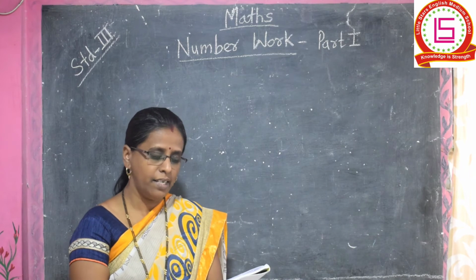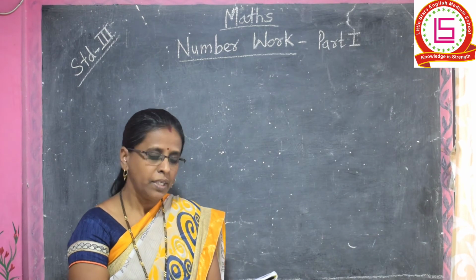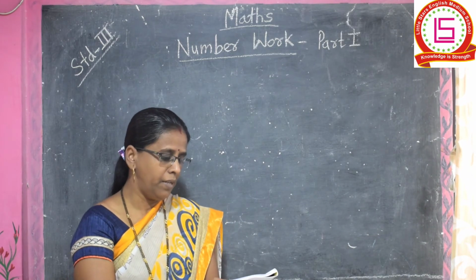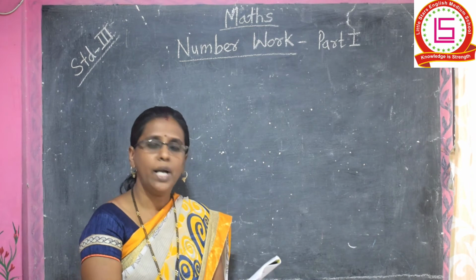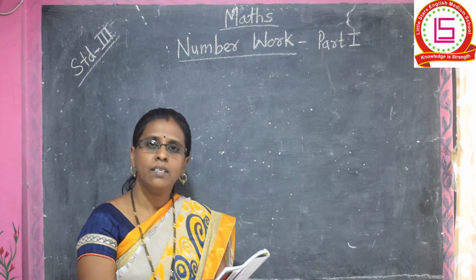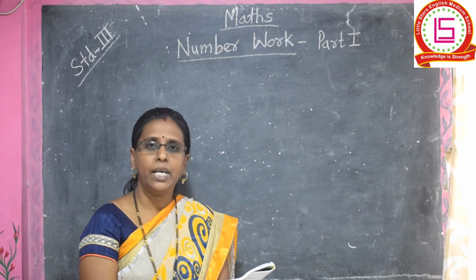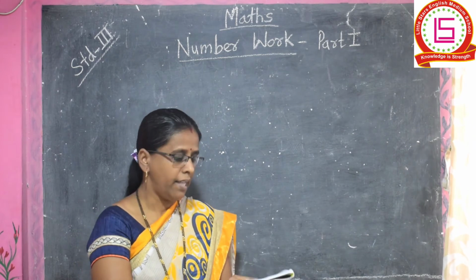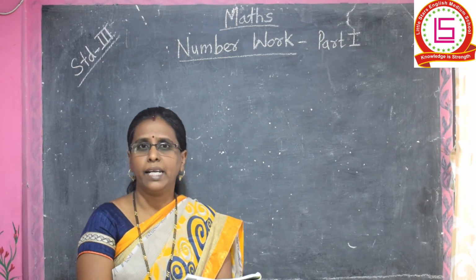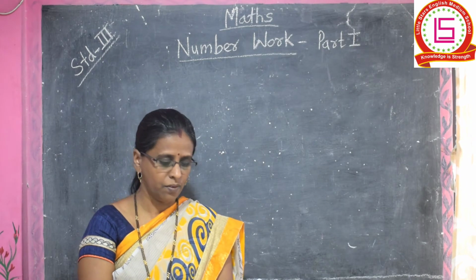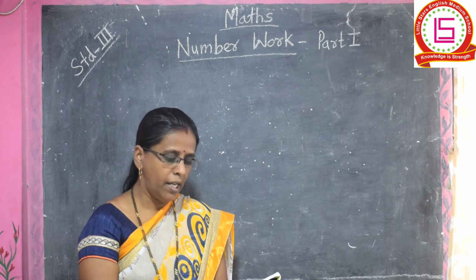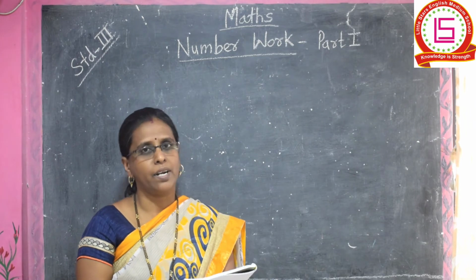Then see what instructions are given here. The 1 to 10 numbers we have to color with red color, and the second one, 11 to 20, is green in color. Thus, color all the boxes using different colors.